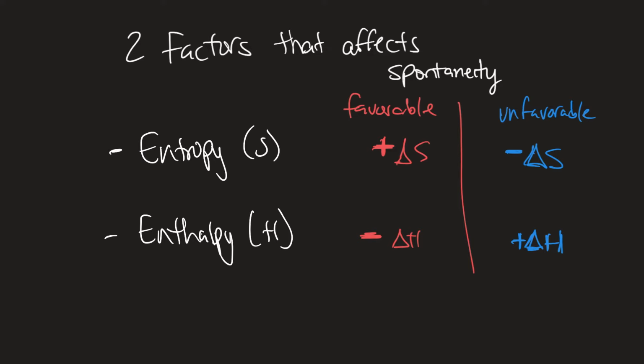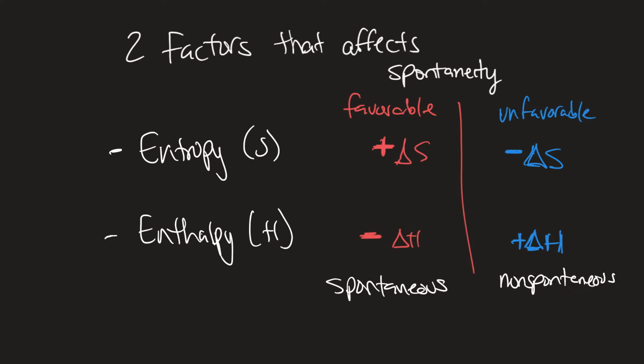That's when the process has both a positive delta S and a negative delta H. Now, if the process has unfavorable conditions in terms of entropy and enthalpy, so entropy is a negative delta S and enthalpy is a positive delta H, then this process is non-spontaneous.